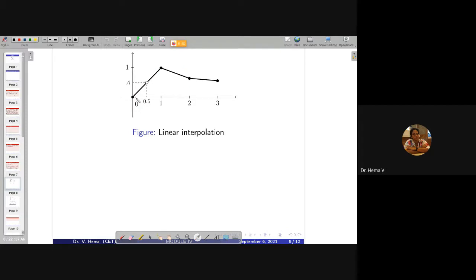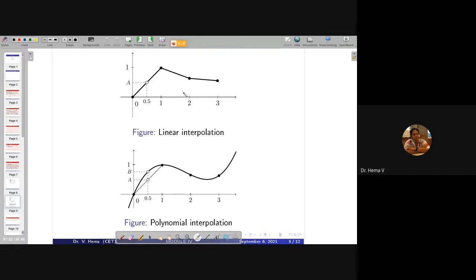You can see the straight lines connecting these data points, so they are interconnected by straight lines. Hence it is called a linear interpolation. It is not often possible to use linear interpolation, so many times we have to opt for higher degree polynomials or polynomial interpolations.